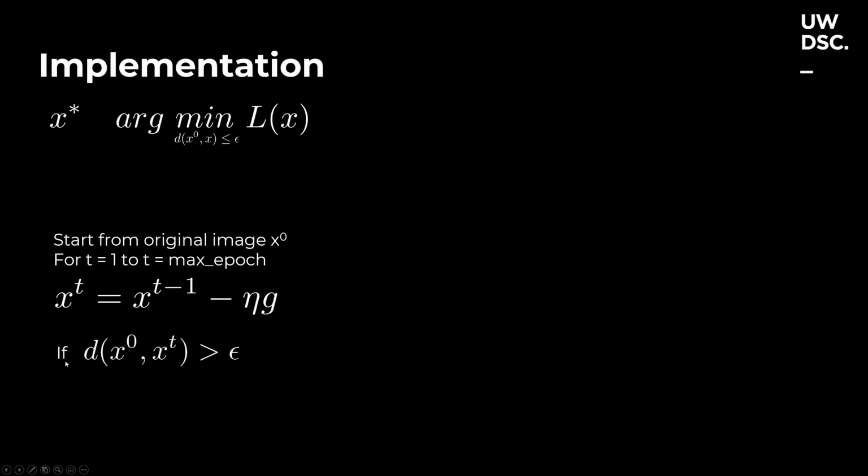So for each update, we want to check the difference between the current xt image and x0, which is the initial or the original image. We want to make it smaller than epsilon. So if it is greater than epsilon, we do something: we fix our current step xt.